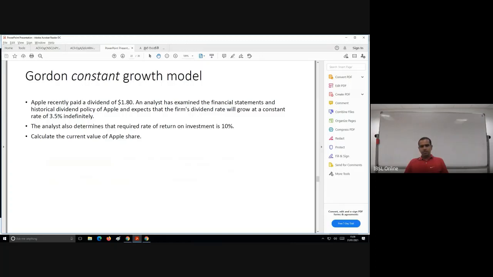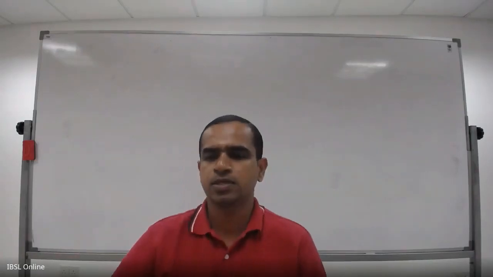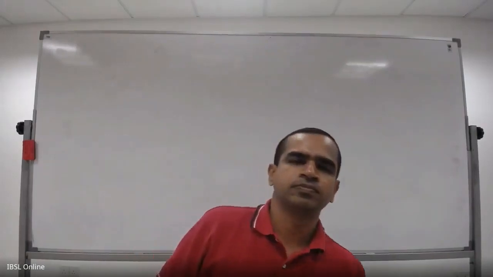The analyst also determines that the required rate of return on investment is 10%. You are asked to calculate the current value of Apple shares. So let's use Gordon's model.